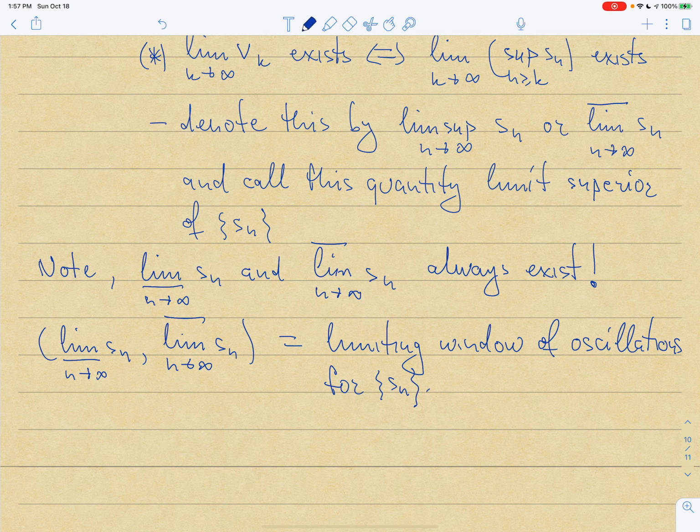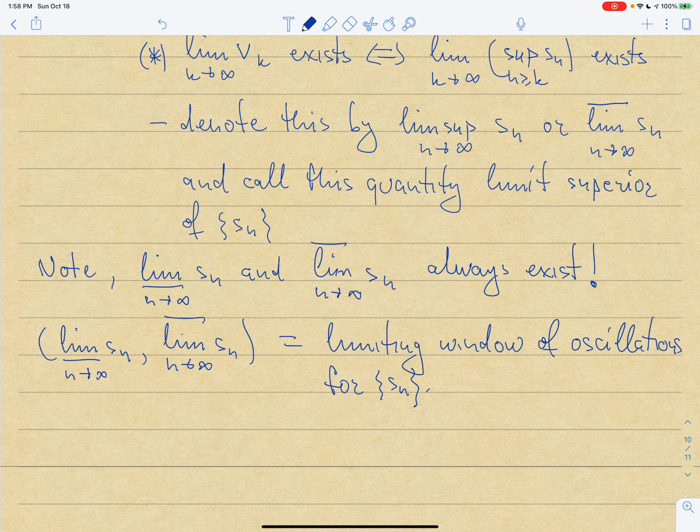Right, so I hope that this makes sense, because that is how we came up with this idea of liminf and lim sup. What did we do? We keep chopping off the elements of a sequence, and we keep taking supremum and infimum. The more elements I chop, the closer the infimum and supremum are going to represent how my sequence is oscillating.